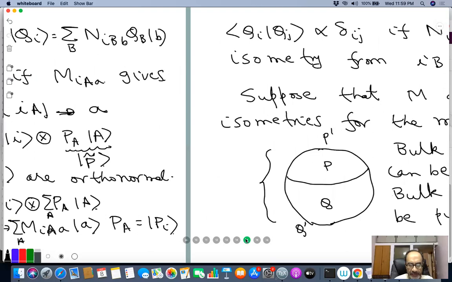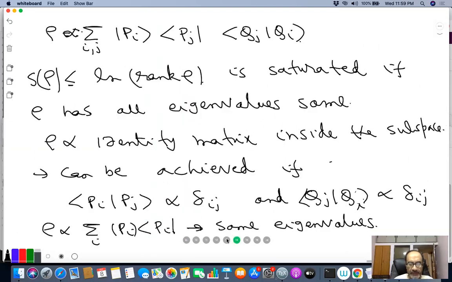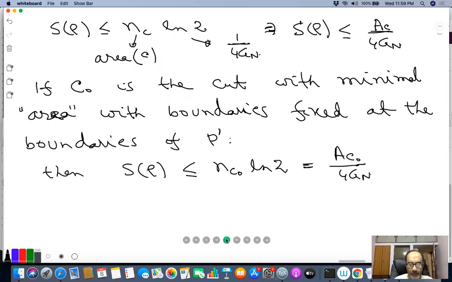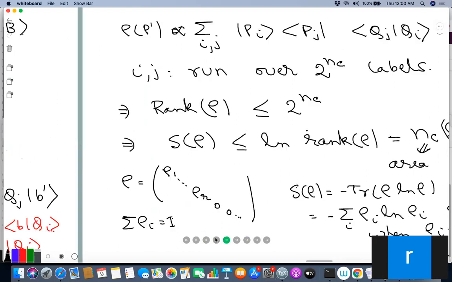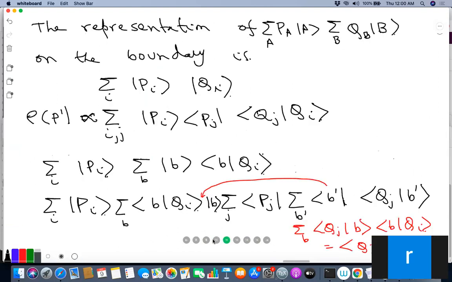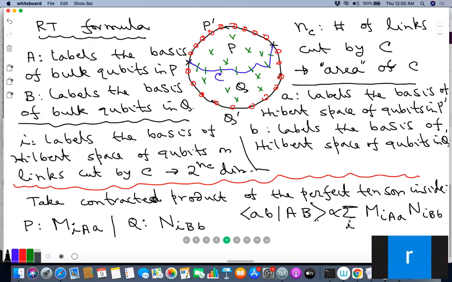No, it was defined as a definition, the sum over I, the holographic code. Yeah, exactly. The fact that we are defining the bulk to boundary map by this sum over I, exactly. Because you didn't use any property of M and N there, so I thought.